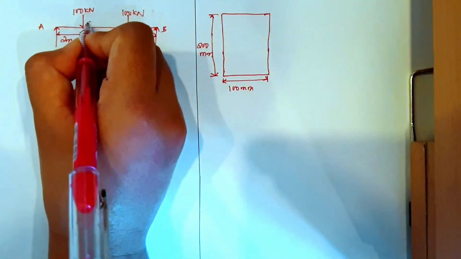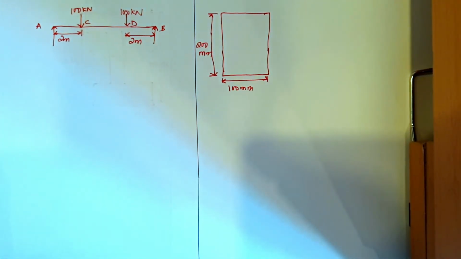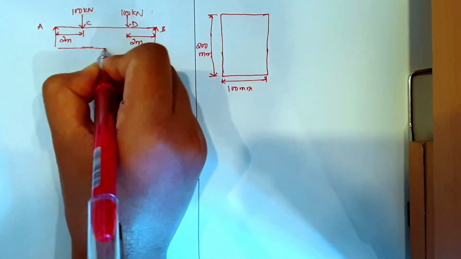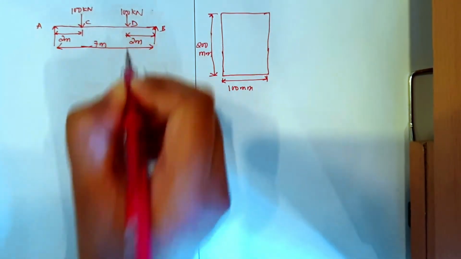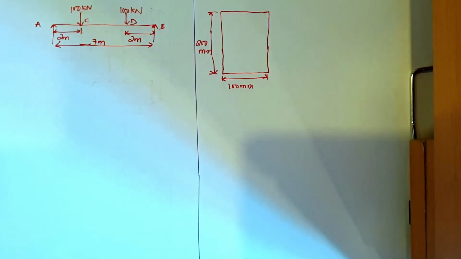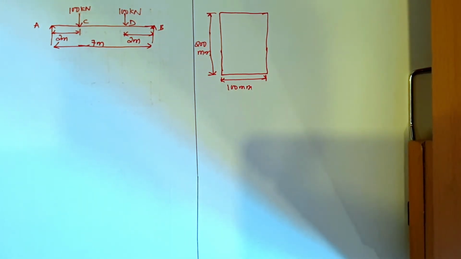And let me name this point C and this point D. And the span of the beam is 7 meter. So the total span, yahan se yahan, the span is 7 meter. Okay.